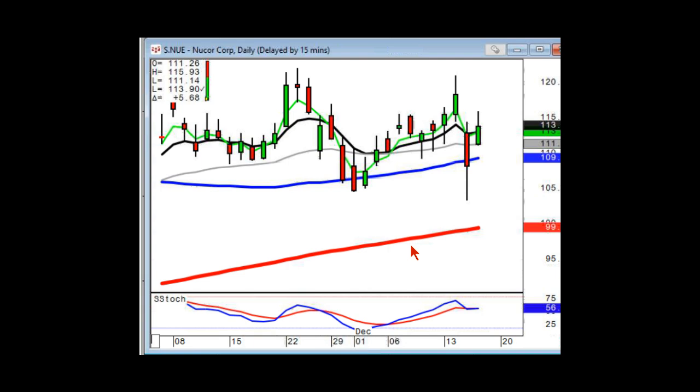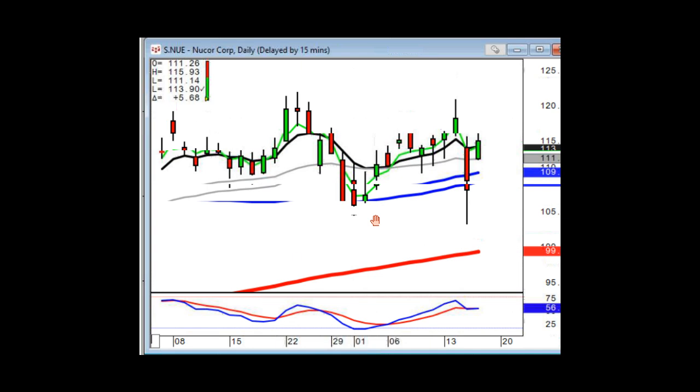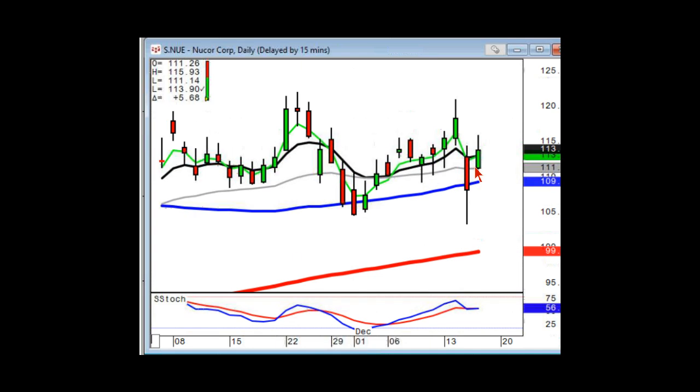But here's the one other assessment that you have to analyze when you're looking at your patterns or your signals. What's the trend doing? Right now, I wouldn't touch this one because it's not going anywhere. Find better places to have your money.